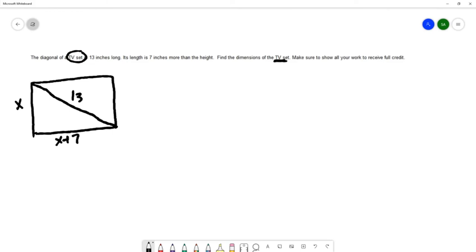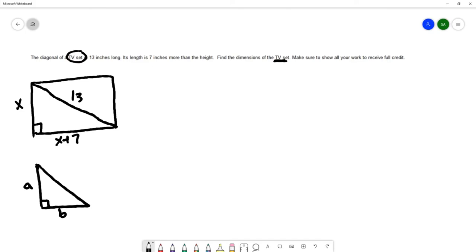So in my picture, what I can see is that I have a right triangle. And when we have a right triangle, that means we can use the Pythagorean theorem. So the Pythagorean theorem says this: if we have two sides, A and B, these are called the legs of the triangle.